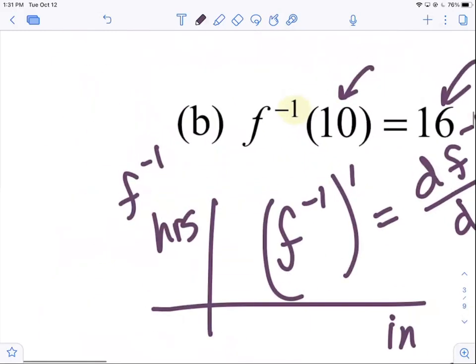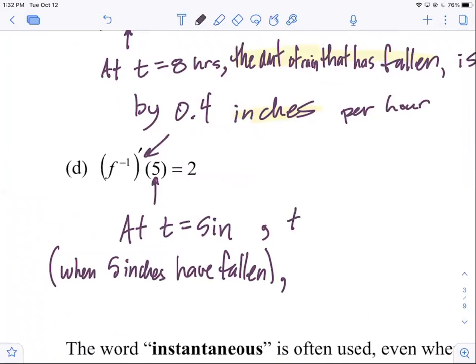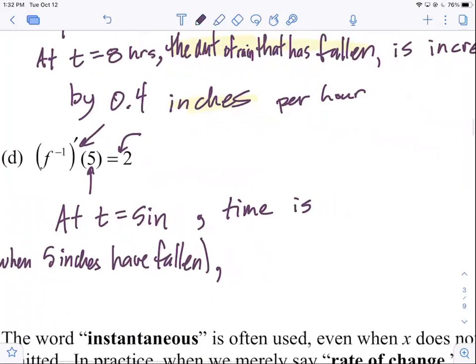What are we measuring on the y-axis on F inverse? What do we measure in hours here? Hours after midnight? Or time? Time. We're measuring time. At t equals 5 inches, time is increasing. How do we know it's increasing? Don't say because that's how time works, because that would be a great answer. But it's because it's positive.